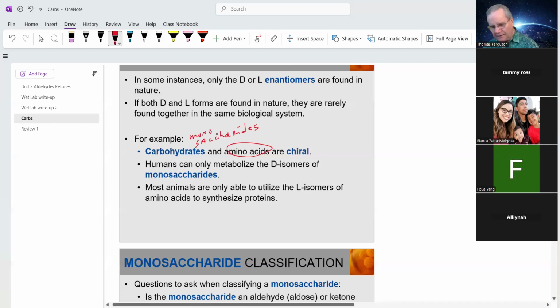Monosaccharides and amino acids are both chiral. The most common monosaccharides are D, and with amino acids, they are L.